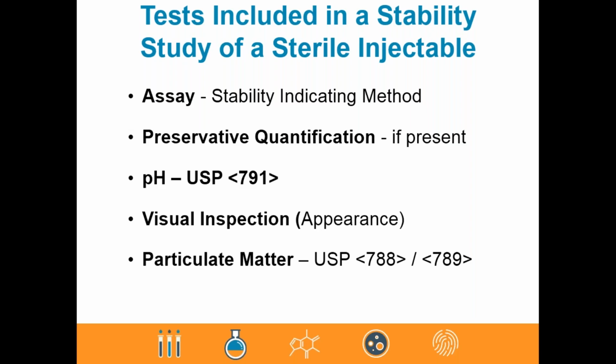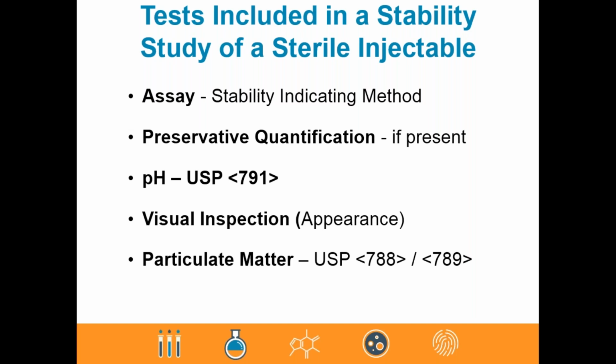Visual inspection. Appearance of a preparation can be very important to indicating the stability of it. It can be a leading indicator that there's stability issues. So think about pharmaceutical elegance of certain preparations, phase separation in creams, color changes, visual particulate matter.